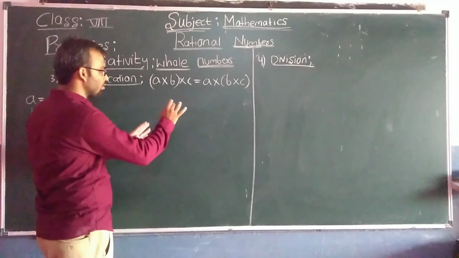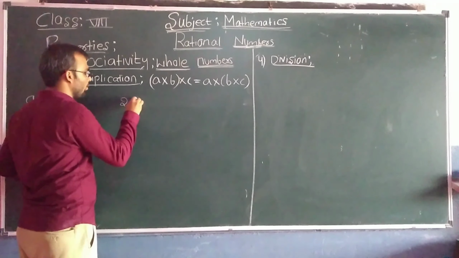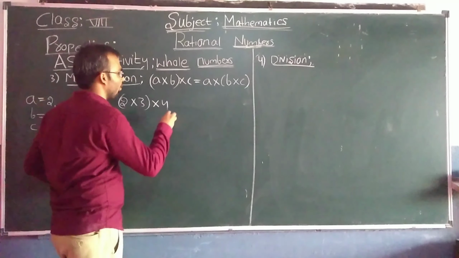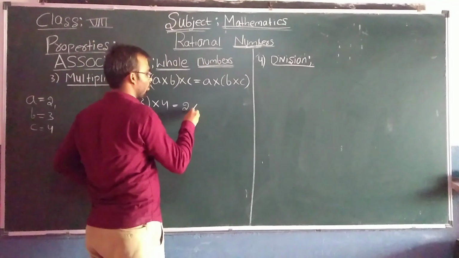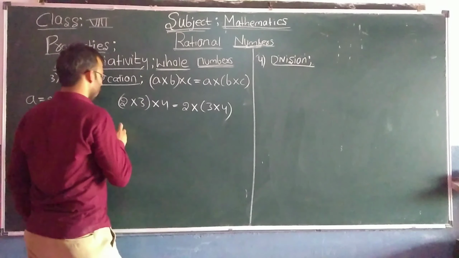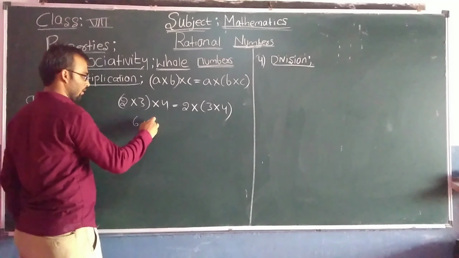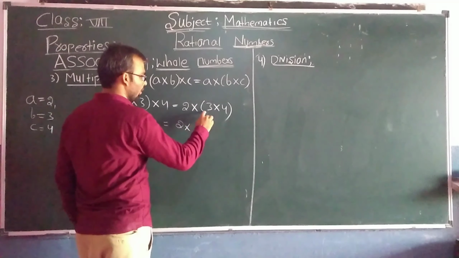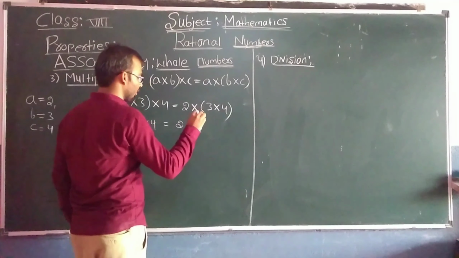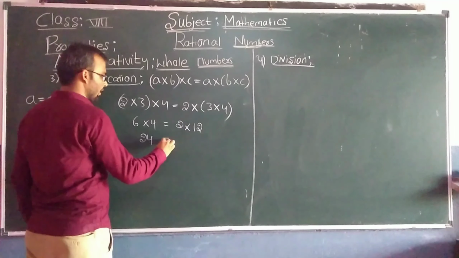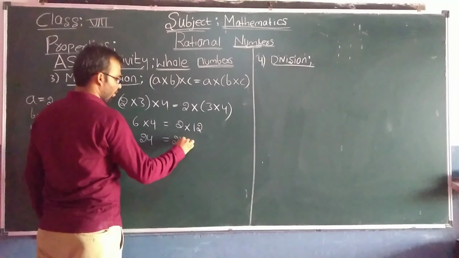Now let us put these values in. 2 into 3 into 4 equals 2 into 3 into 4. 2 3s are 6, into 4. 3 4s are 12. Now 6 4s are 24 and 2 12s are 24.